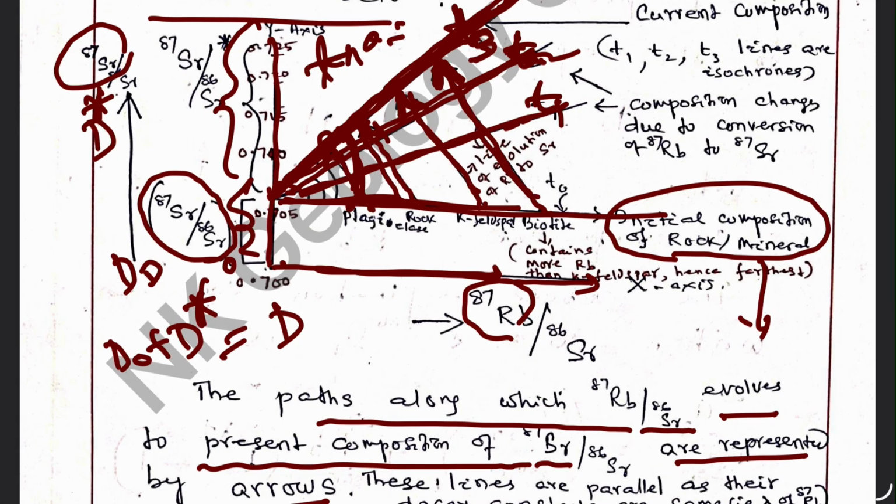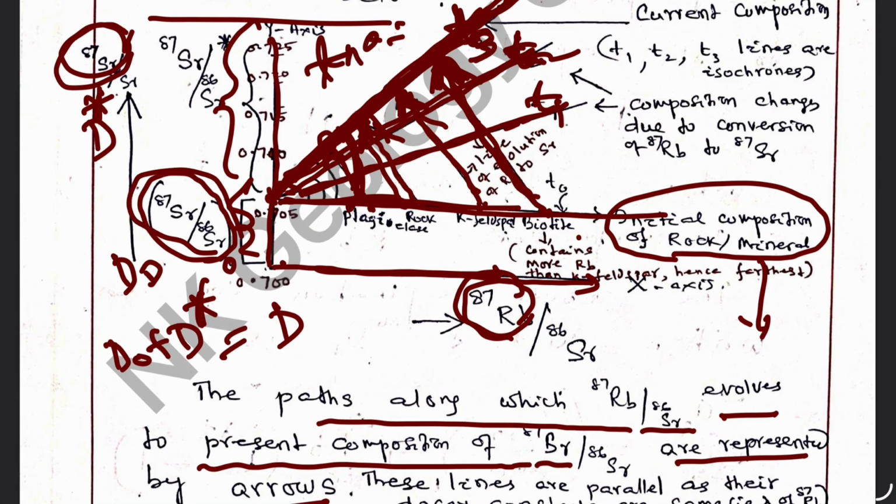And these lines are parallel because they show conversion of rubidium 87 to strontium 87. As their concentration is different in different minerals and rocks, these points vary. And they evolve at the same rate, that's why these lines are parallel. And the point at which these isochrones meet the y-axis, or the ordinate, that point gives the original value of strontium 87 present in the rocks and minerals.